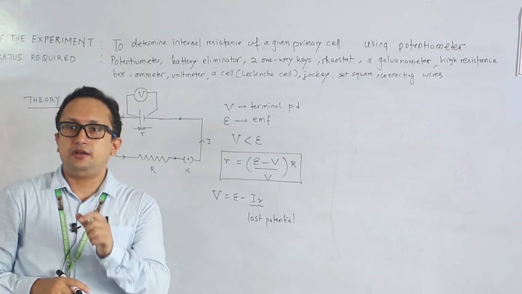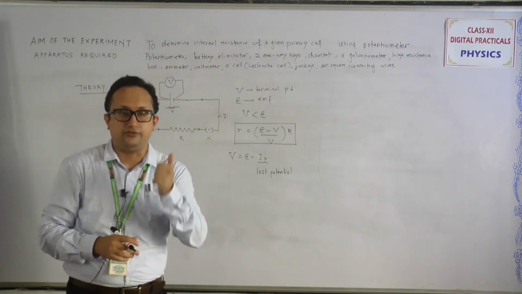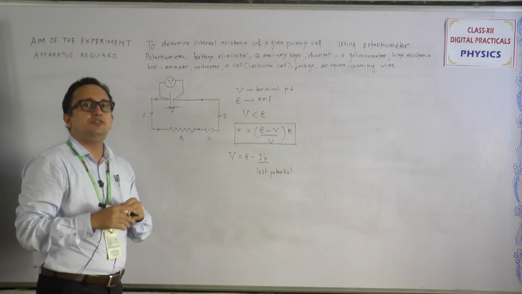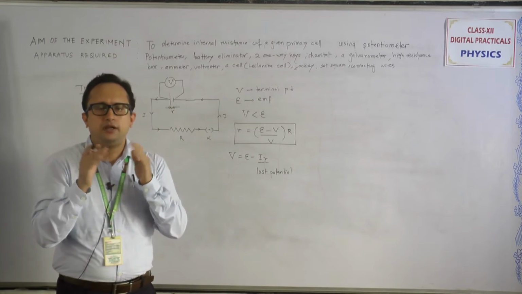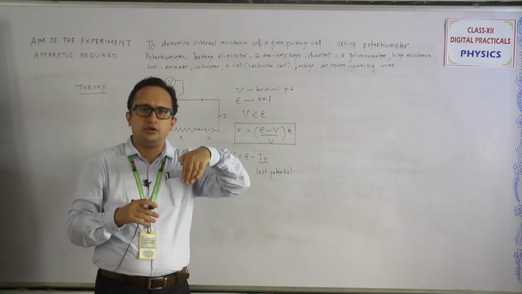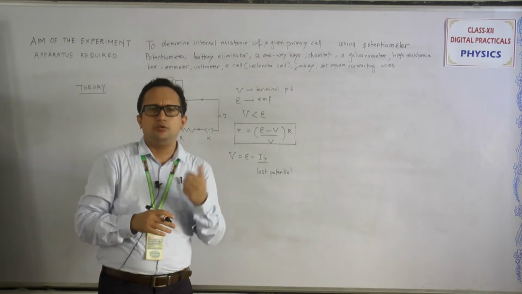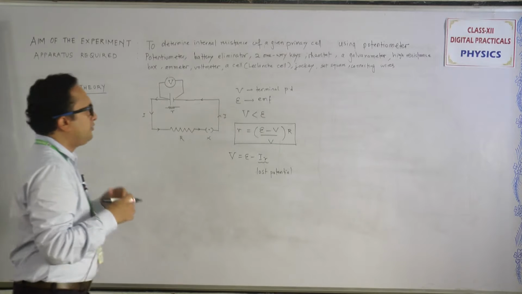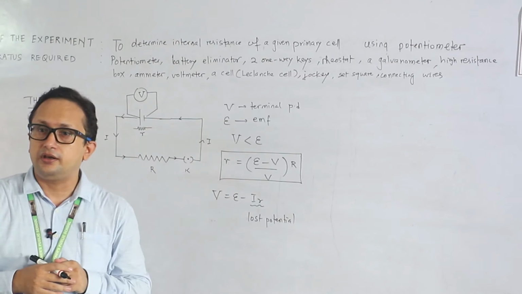So if you are buying a battery of 9 volt, you are not able to get exactly 9 volt output, you get something less. And this internal resistance depends on various factors. It depends on the plate area, how much area is immersed into the electrolyte, temperature, nature of electrolyte, and so many other things. So how do I use a potentiometer to determine this internal resistance?